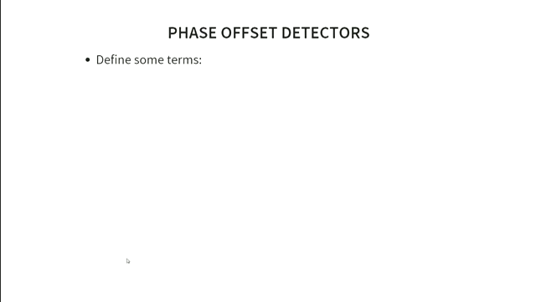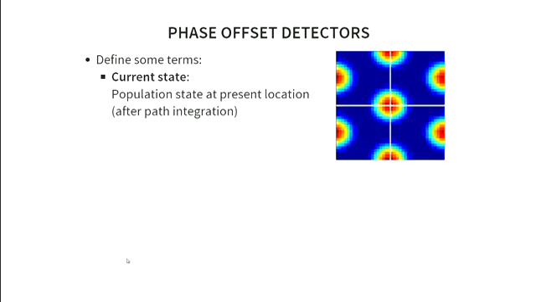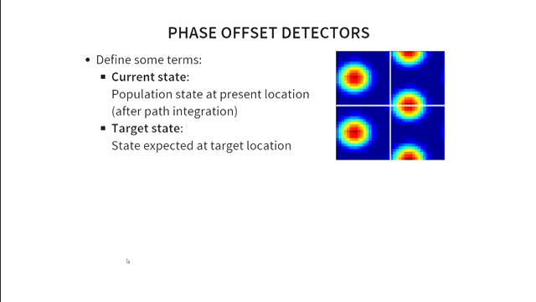But first I just want to clarify some terms. By current state, I refer to the state of this matrix of the grid cell population at the current location of the animal. So this will be the result of the path integration process at any given point in time. And then by target state, I mean the corresponding state of this matrix that we expect when the agent is back at the goal location.